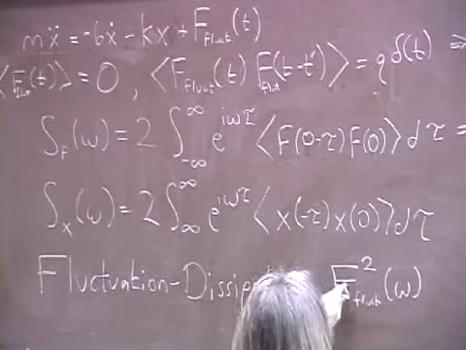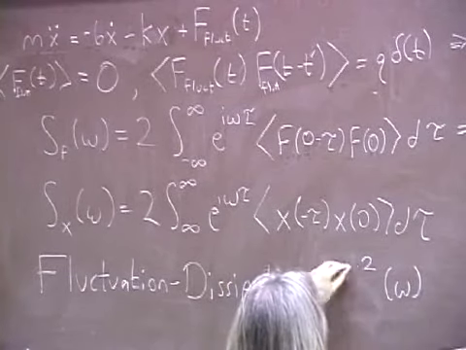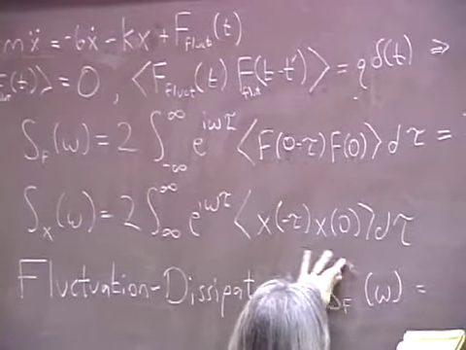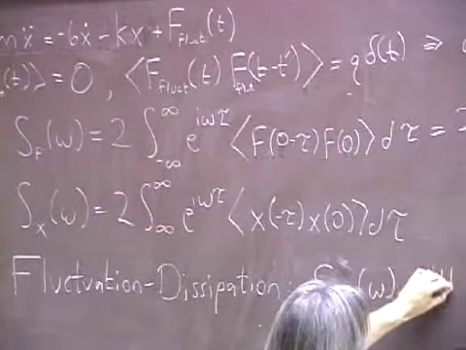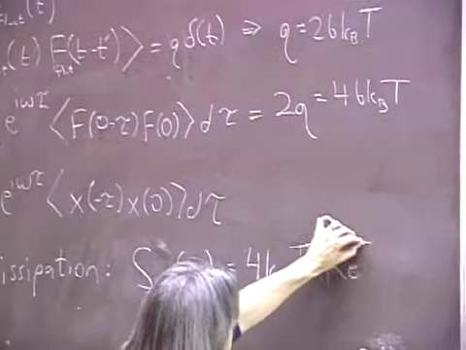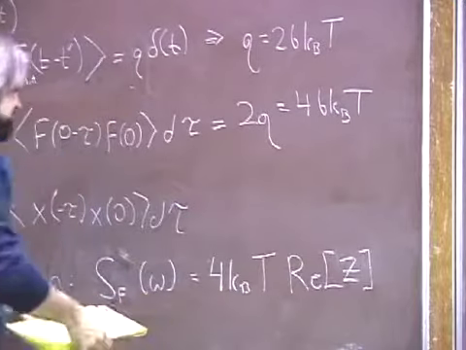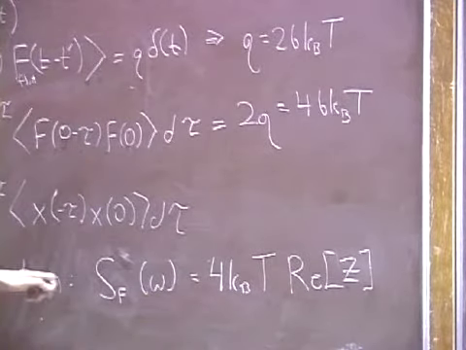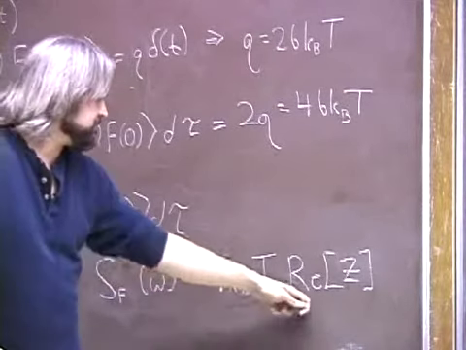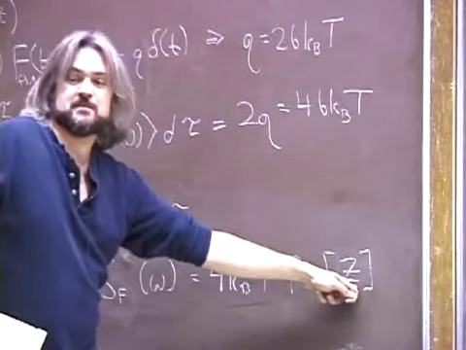Here we're taking the spectral density of the force, where Z is an impedance. So the spectral density of the force is given by the thermal energy in the system, or in the reservoir, times the real part of some dissipation Z, some complex impedance.